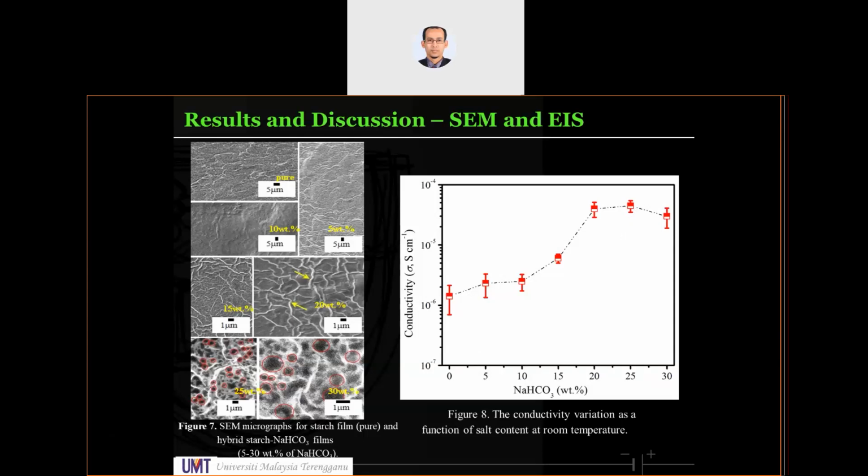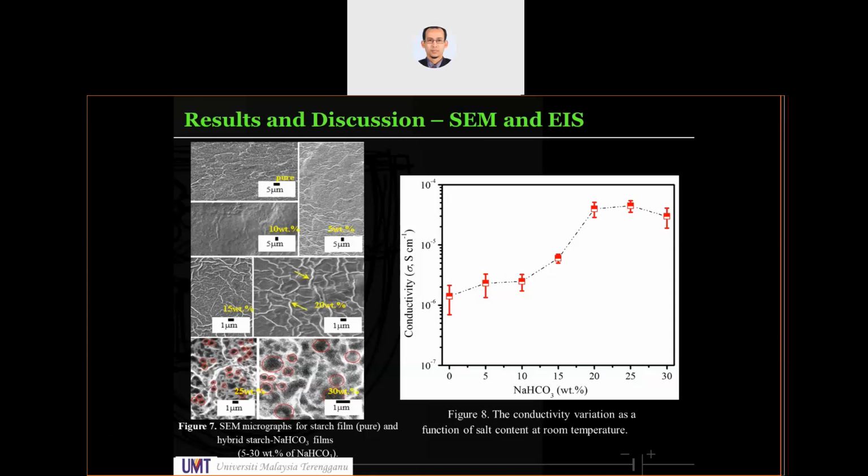With the addition of 38% of salt, the conductivity drops afterwards. So we can conclude based on this result that 25% of salt is the conductivity optimizing concentration.